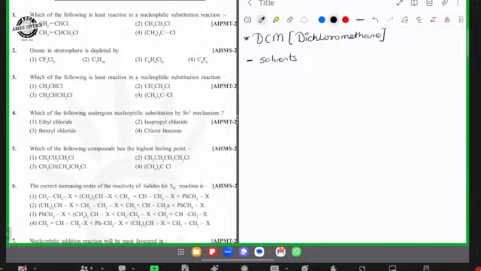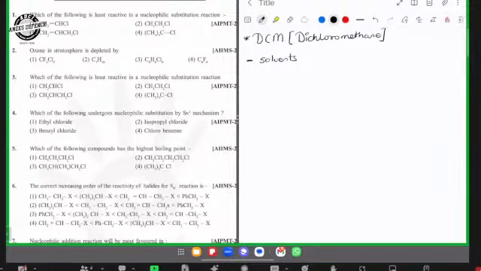And always remember, whenever there is chlorine in a compound, it would be denser than water. So it will be present in the lower part, and in the upper part there will be water. Apart from chlorine compounds, other compounds would be less dense than water. But all chlorinating agents will be denser than water. Just keep this in mind because we have been taught like this.